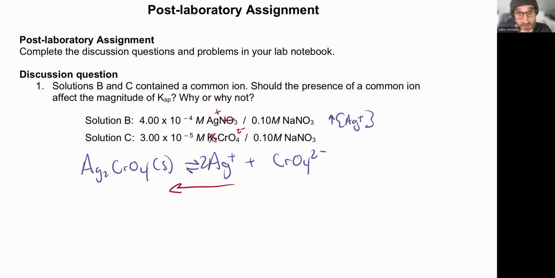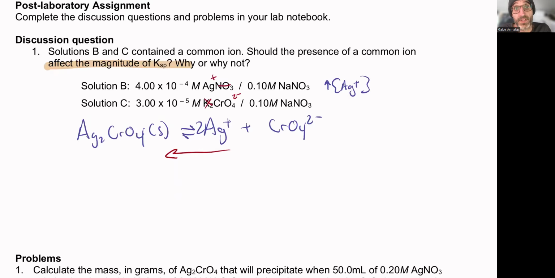But the question wasn't whether it decreases or increases solubility. The question is, does it affect the magnitude of KSP? And the answer is pretty simple when it comes to KSP. KSP is a constant, and the only thing that affects it is temperature.